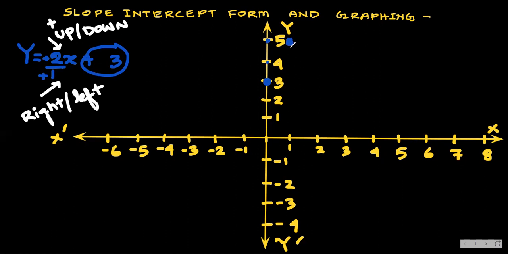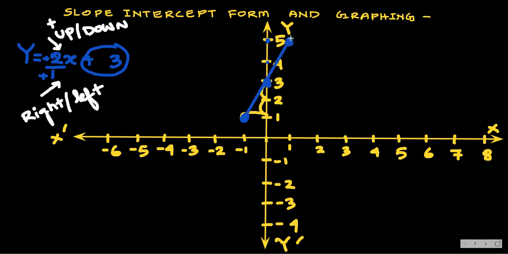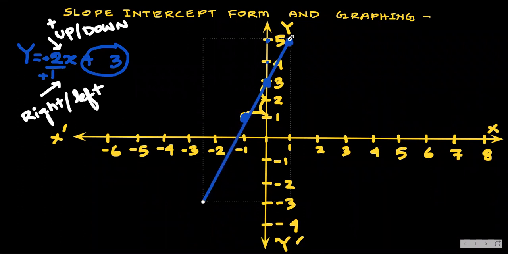How to get another point? Do the reverse operation. We have gone +2 over 1, that means 2 units up, 1 to the right. Do the opposite operation, 2 down and 1 to the left here. Now you got 3 points. See this one, this one, this one. Join the 3 points with a line and extend it.